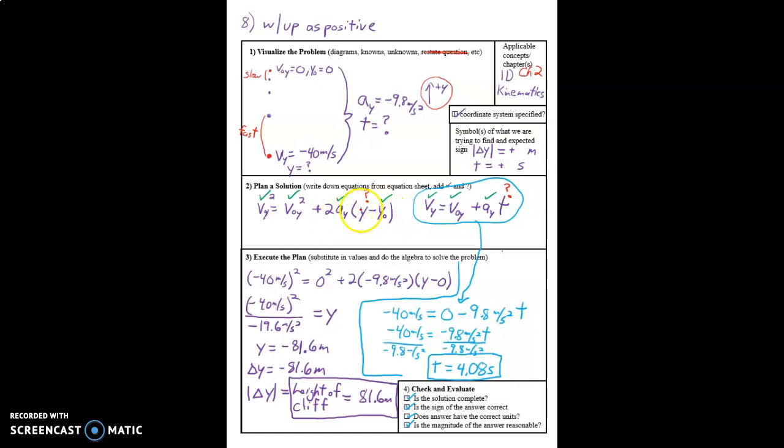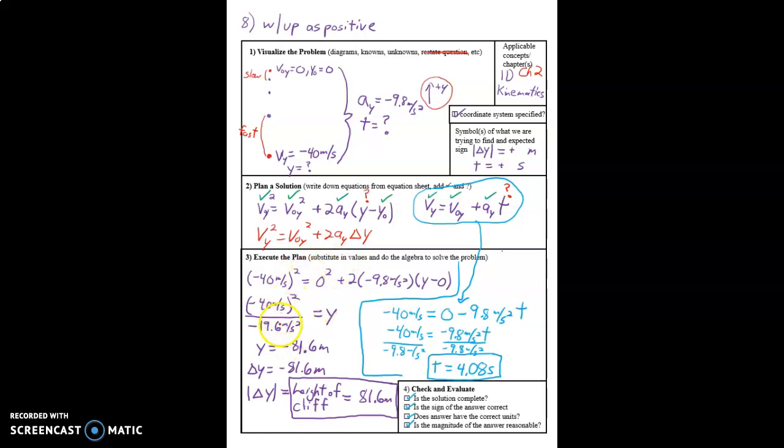There are 4 kinematic equations on your equation sheet for the y direction, and we picked these 2 equations because they each had just one unknown, and not only that, but those are the unknowns that we were wanting to find. And honestly here I could have used the equation vy squared equals v naught y squared plus 2ay delta y. That would have been simpler if I had just solved for delta y as my unknown, since that's really what I was looking for. So I've got my plan, and then I execute the plan.